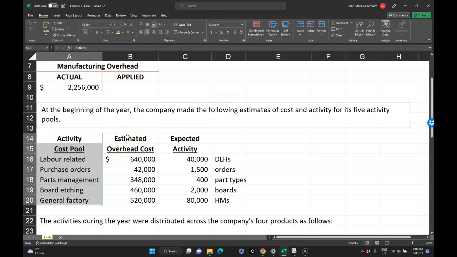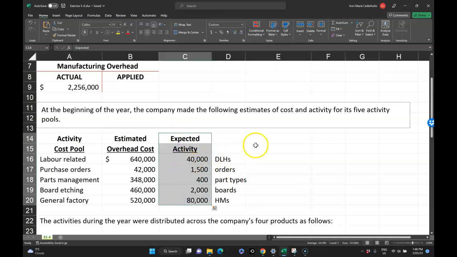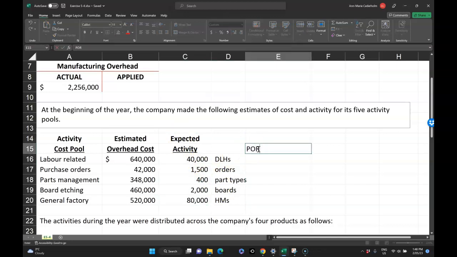And step 4 is identify the activity measure for each activity cost pool. So this would be step 3, and this would be step 4. Then step 5 is to estimate the total activity volume for each measure. So this is done for us here. So all we need to do is step 6. So just find the predetermined overhead rate.